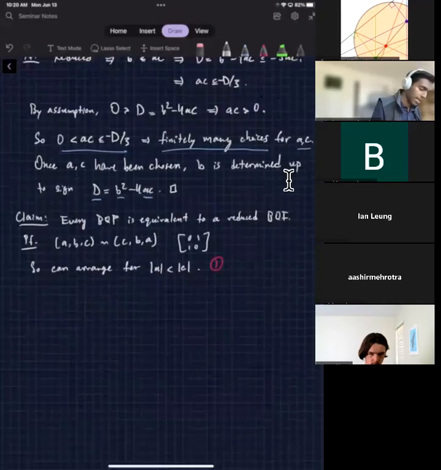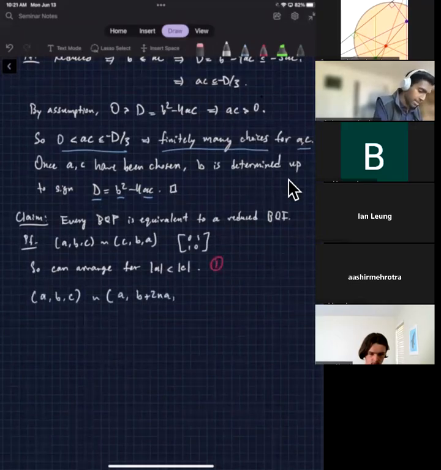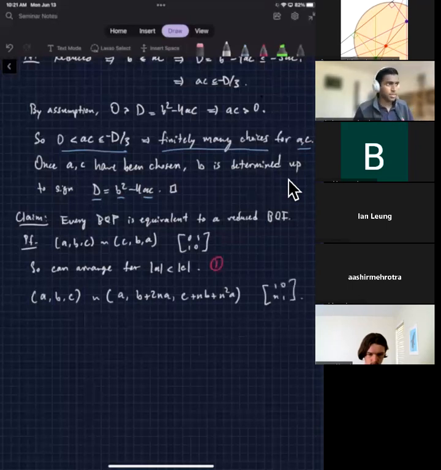Okay. And the next thing I want you to recall is that we had an equivalence of the following form. So ABC, I'm going to reflect an equivalence that I mentioned earlier, is going to be equivalent to A, B plus 2NA, and C plus NB plus N squared A. And this equivalence is achieved using the matrix 1, N, 0, 1. Here, N can be any integer.